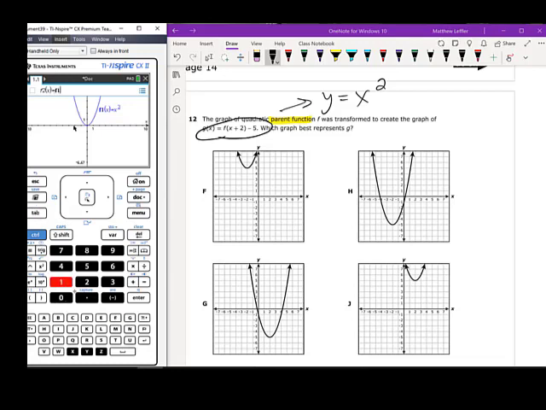So I'm going to put f1 parentheses x plus 2 close parentheses minus 5. I'm looking at the red graph. Find the match to the red graph. Transformation.